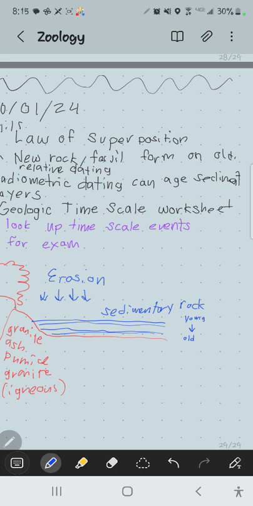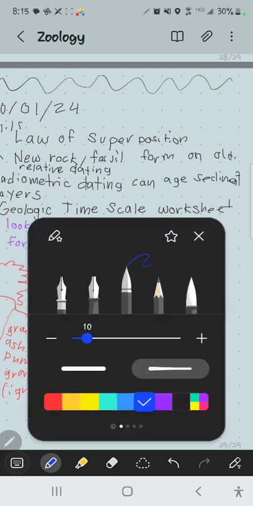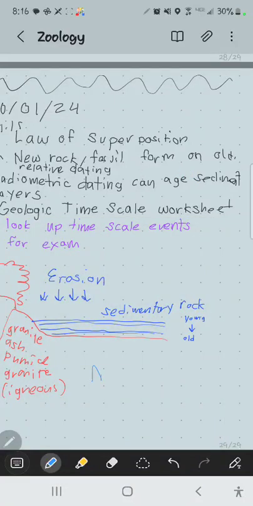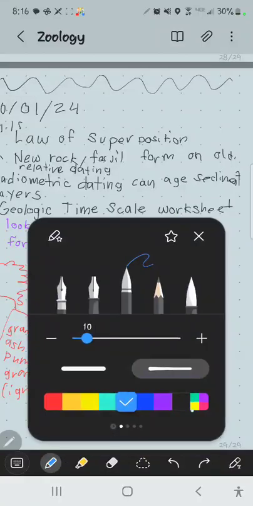Okay. The third type of rock, which I won't ask you about, I just want to be complete here, is metamorphic rock. Metamorphic rock is, for example, when sedimentary rock is buried so deep that it melts and becomes something else.